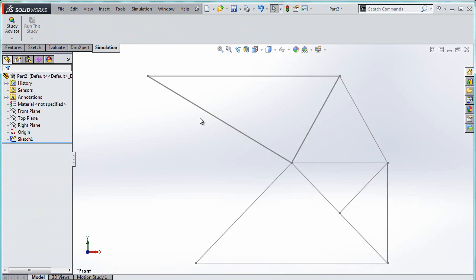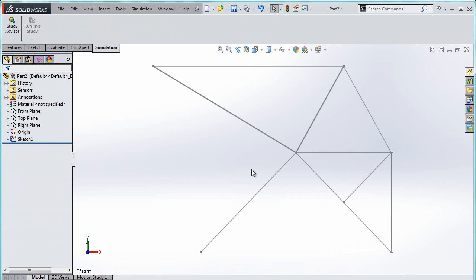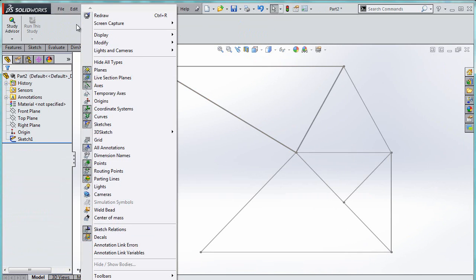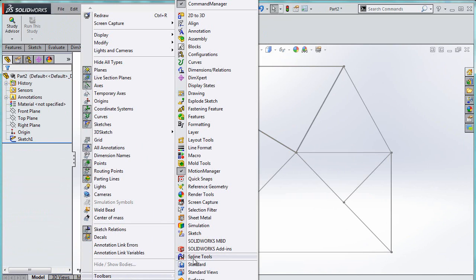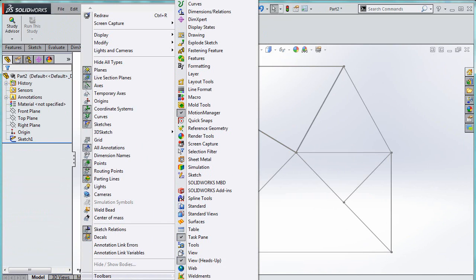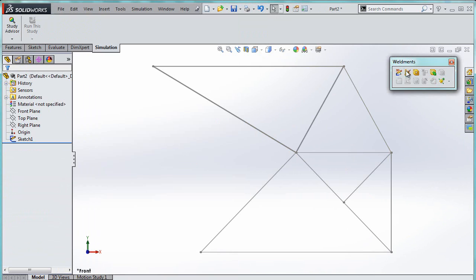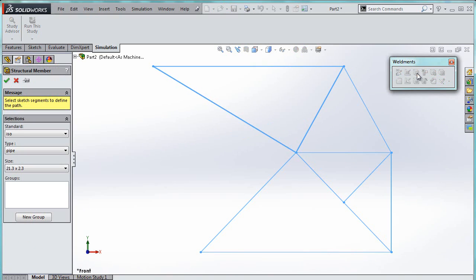Okay, so the next thing I want to do is make sure that my Weldments toolbar is on. So go to View, Toolbars, Weldments. You're going to click the button that says Create a Weldment Feature, and then we're going to create this whole thing. So click on Sketch 1 and then say Make a Weldment.